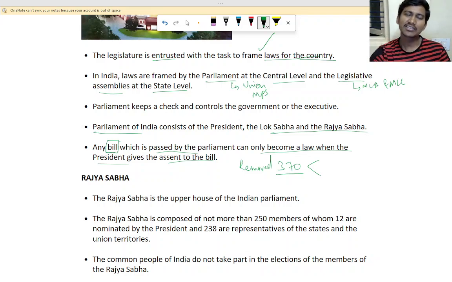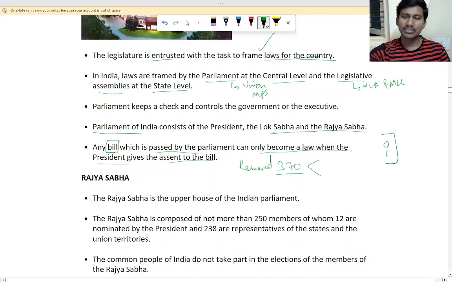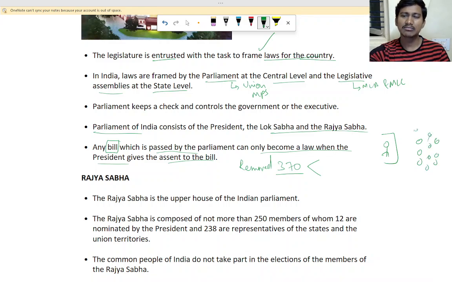He will sign, meaning you will get permission for leave, otherwise you will not get it. So a bill is like a permission letter, not yet signed, not yet passed. A bill is tabled, meaning they will give it in the Rajya Sabha and Lok Sabha, then they will discuss. You may have seen in the upper house and lower house, the chairman will be there and the people will be sitting below discussing. You may have seen it on TV.